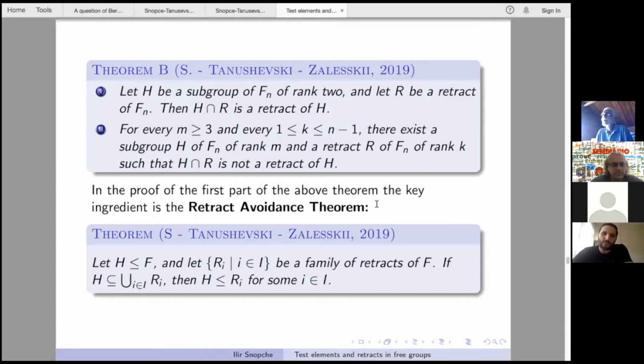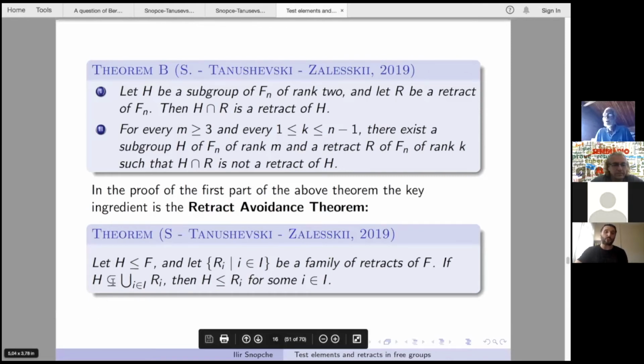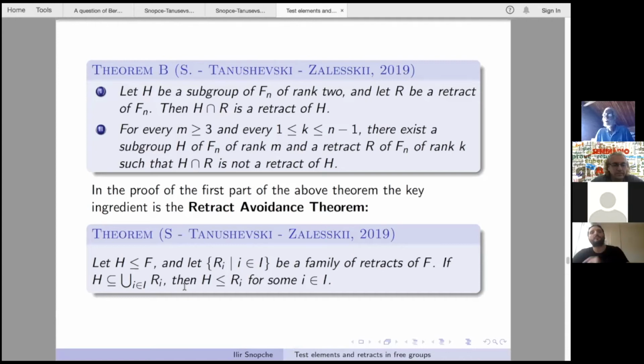So in the proof of the first part of the above theorem, the key ingredient is the retract avoidance theorem, which says the following. Let H be a subgroup of F, and let Ri be a family of retracts of F. If H is contained in the union of this family of retracts, then H must be contained in at least one of these retracts, right?